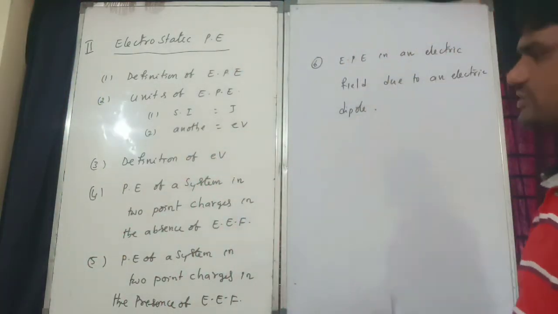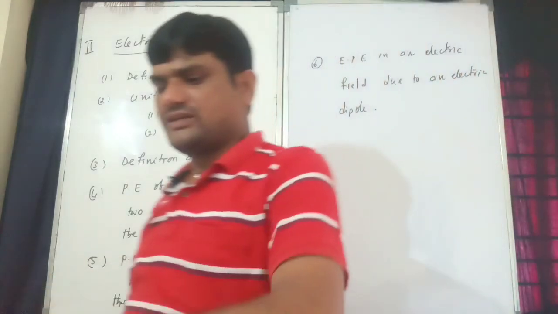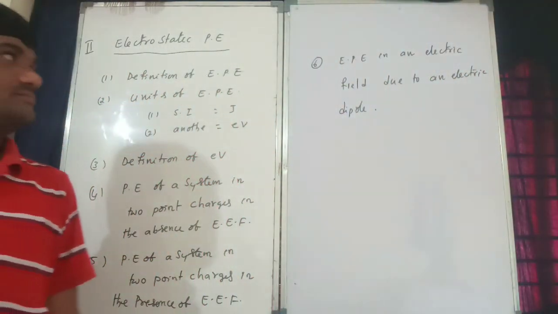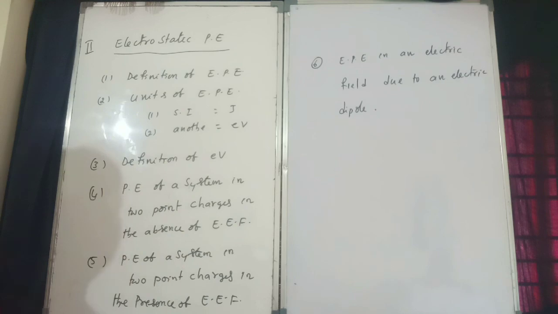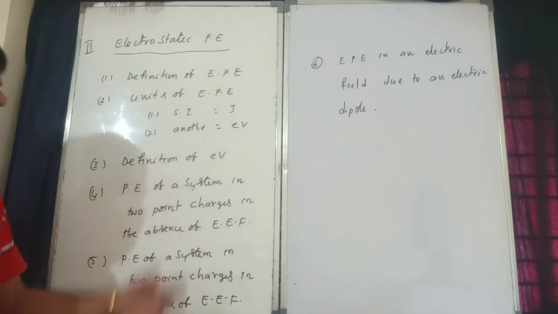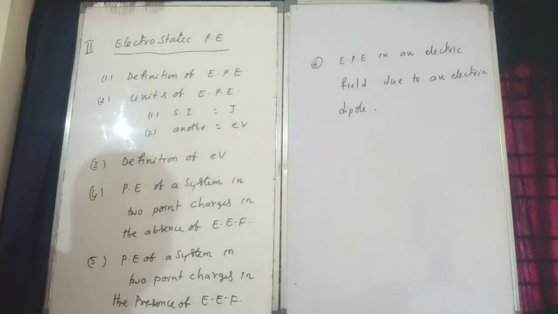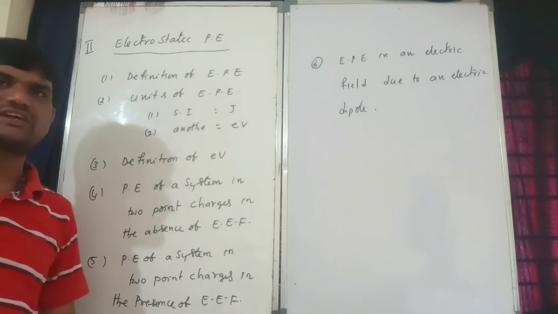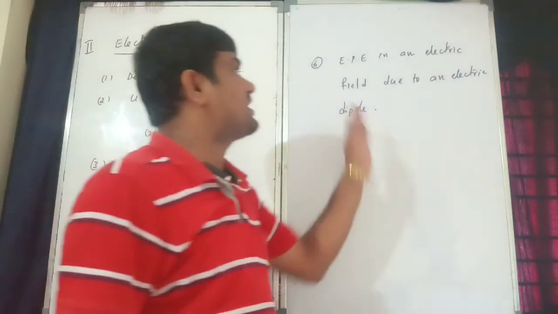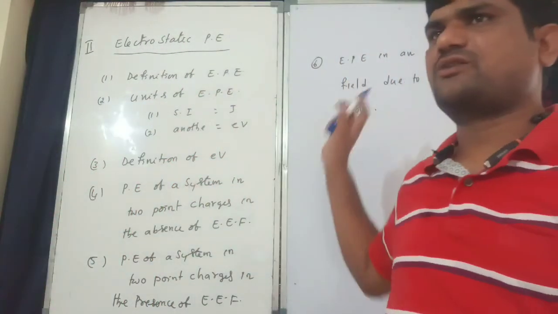So total 6 questions are there. Definition of electrostatic potential energy, units of EPE, define electron volt, and PE of a system of two point charges in the absence of electric field and presence of external electric field. And again the same torque only.